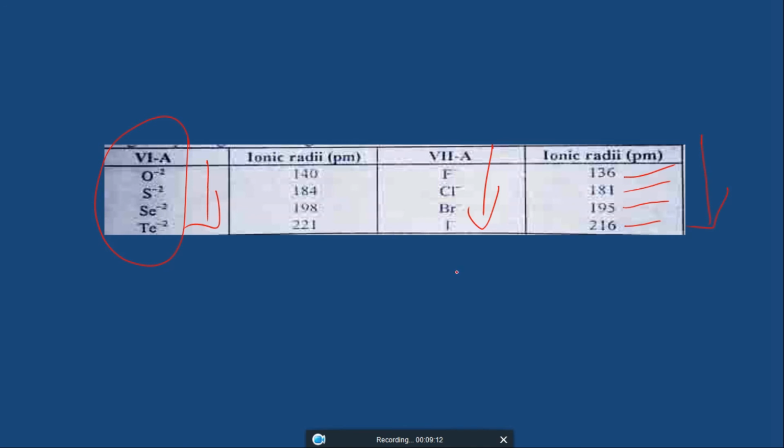We can see that the ionic radii of anions also increase down the group, as in the case of cations. So one thing is clear: in groups, for both cations and anions, the ionic radii increase down the group.